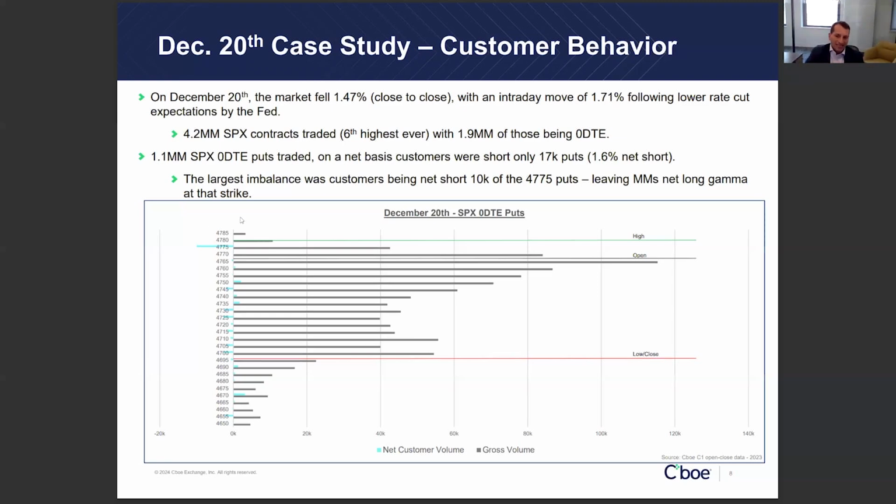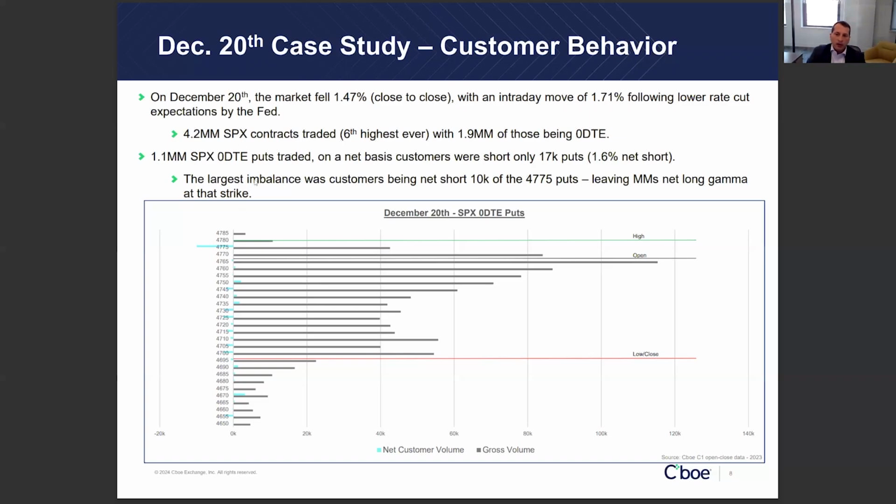SPX traded 4.2 million contracts that day, which is still probably a top 10 to 20 day ever. At that time, it was sixth highest ever. 1.9 million of those were the 0DTE contracts.